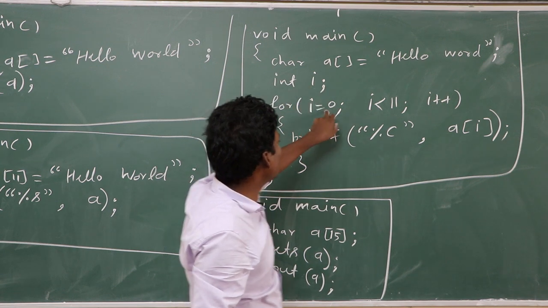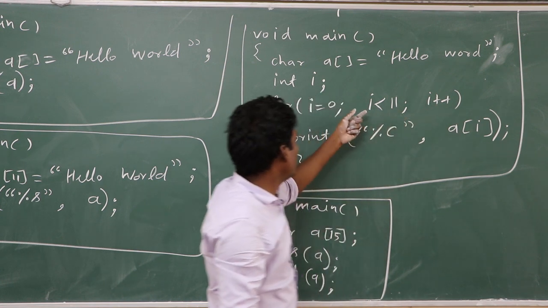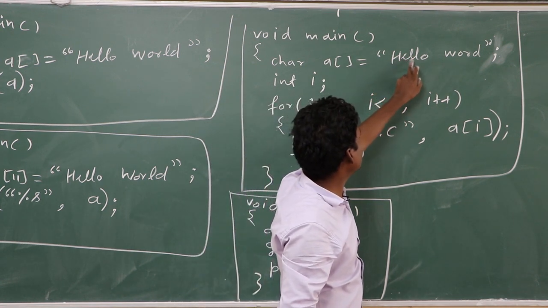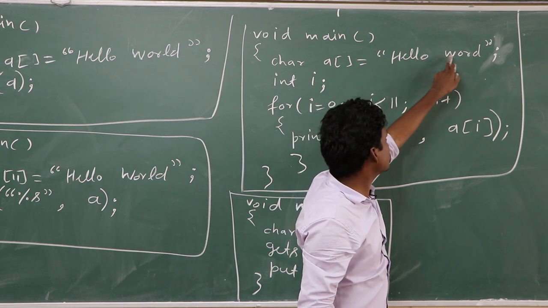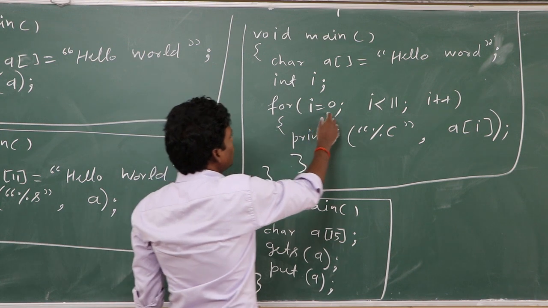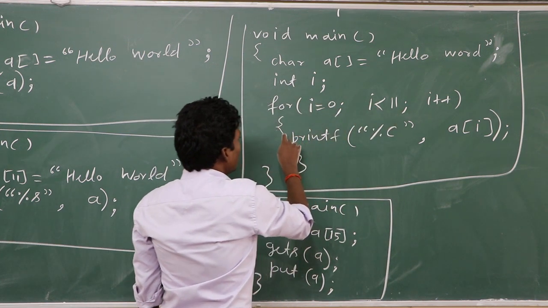For i equal to 0, i is less than 11, i plus plus, the loop executes 11 times. Okay, there are 11, 1, 2, 3, 4, 5, 6, 7, 8, 9, 10. Okay class, so the loop executes from 0 to 10, total 11 times.